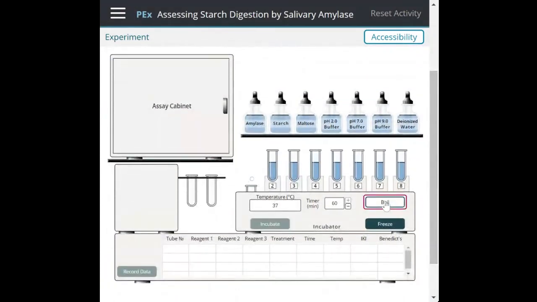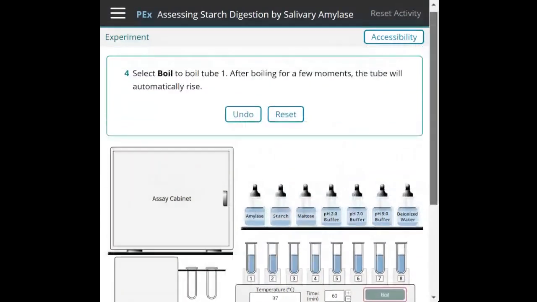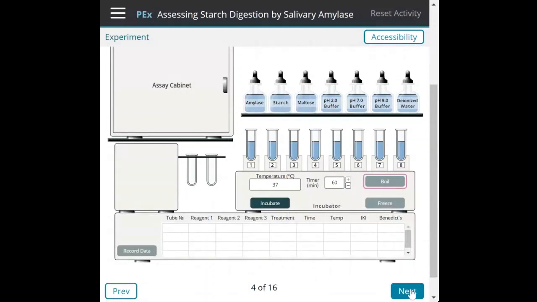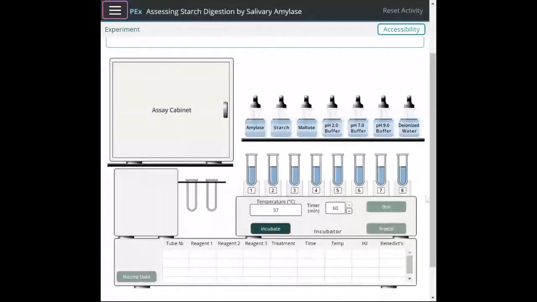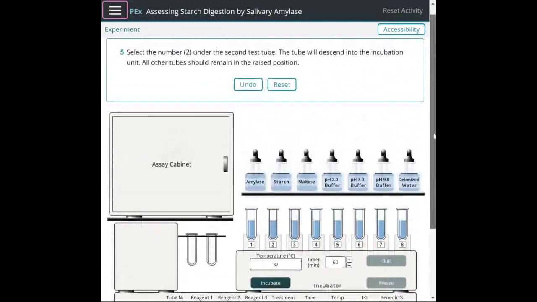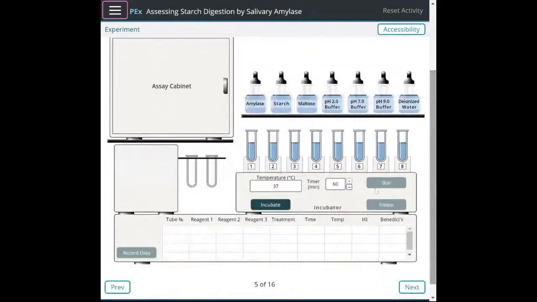Okay, we're going to boil number 1. Okay, we're going to incubate test tube number 2.